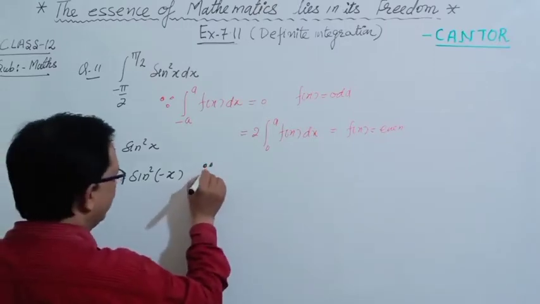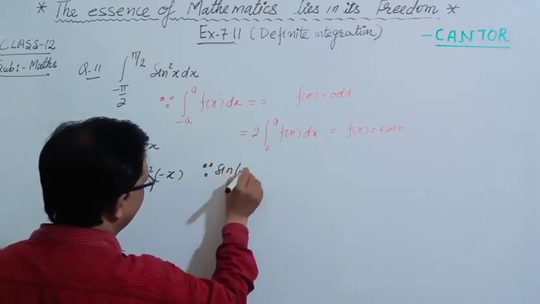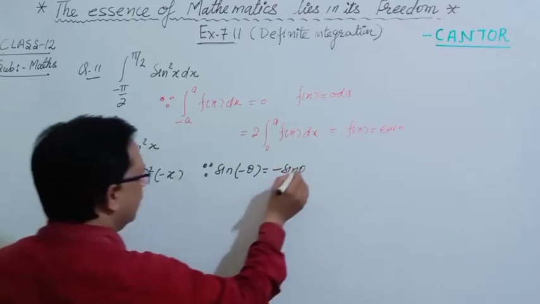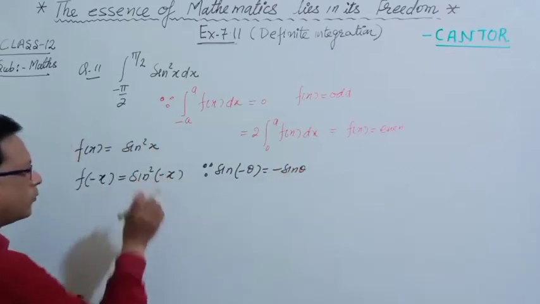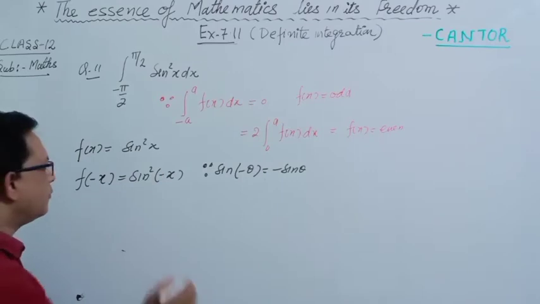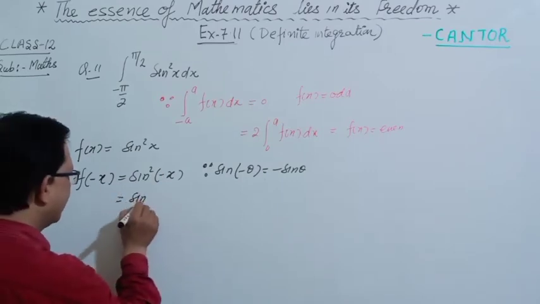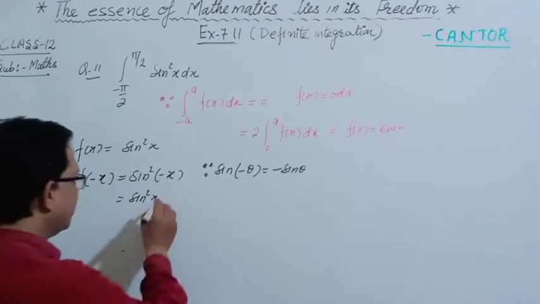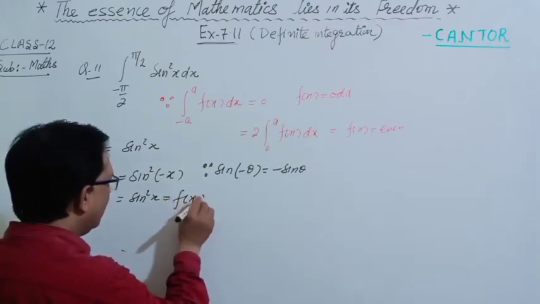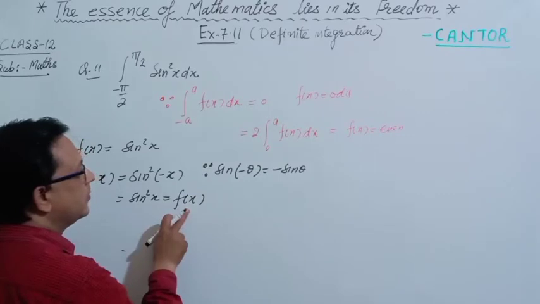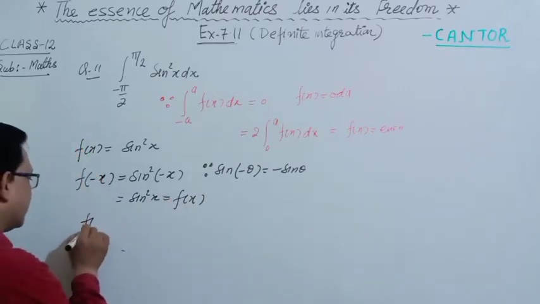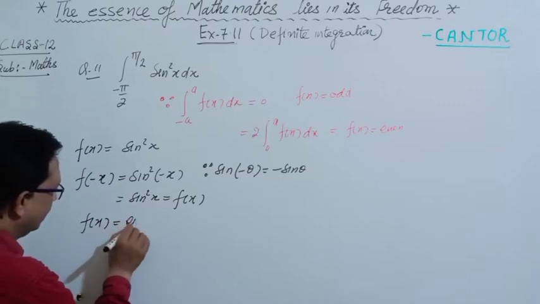Every student knows that sine minus theta is minus sine theta. But here it is a square, so the square is always positive. So here we write this is sine square x. It means nothing is changed in the function. This is the same f(x). When f(minus x) is f(x), then we see that f(x) is an even function.